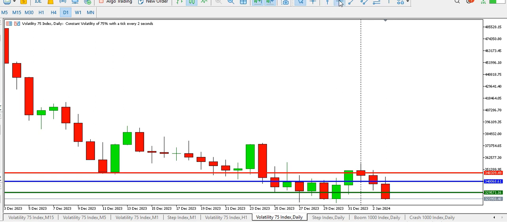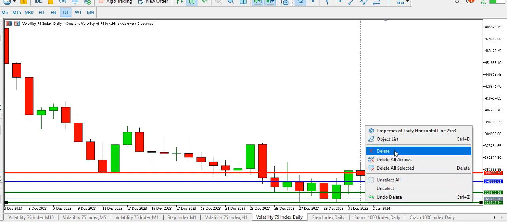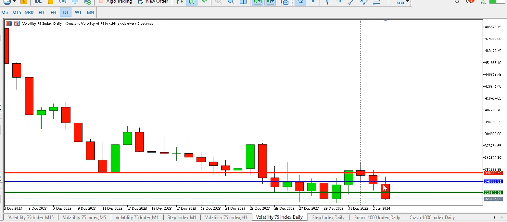So the next point of call might be the 320300 level. Price might likely break the structure around there. That's on the daily time frame.